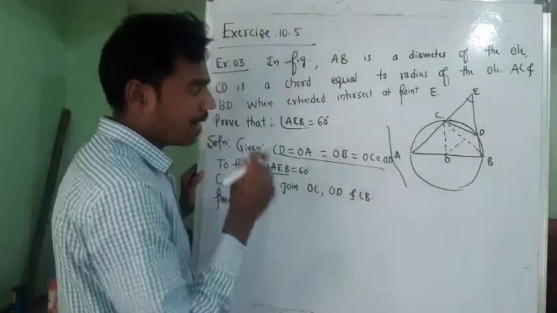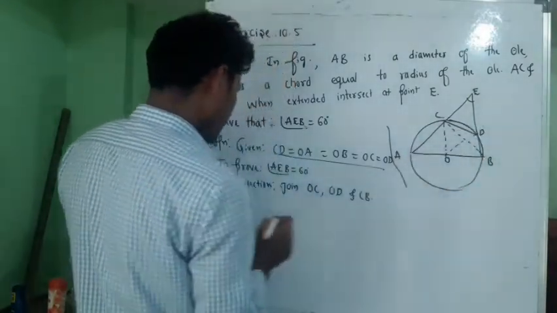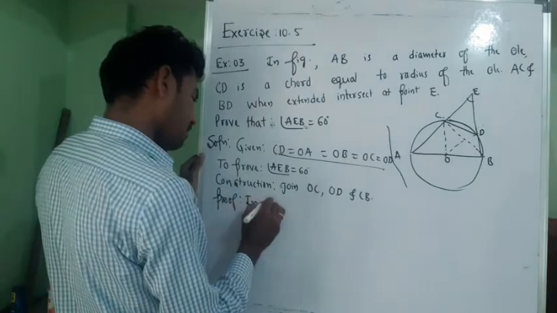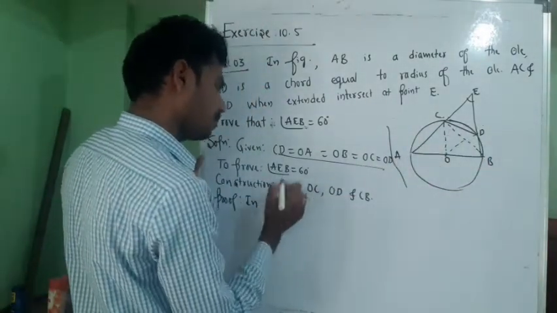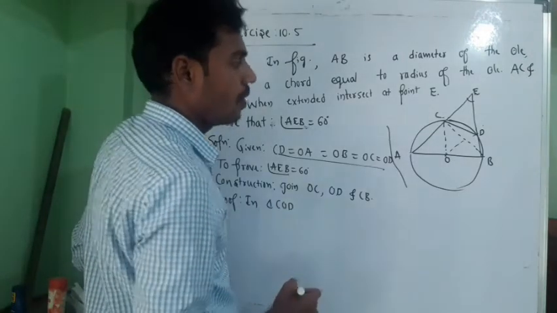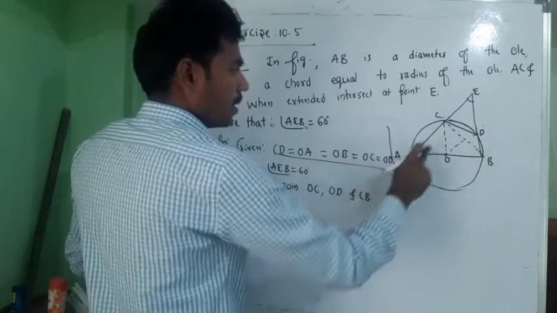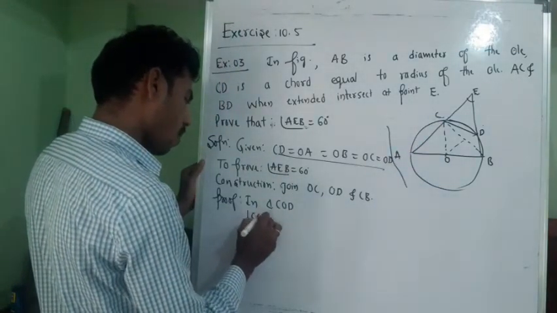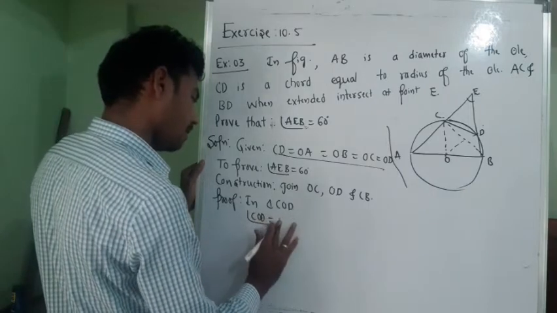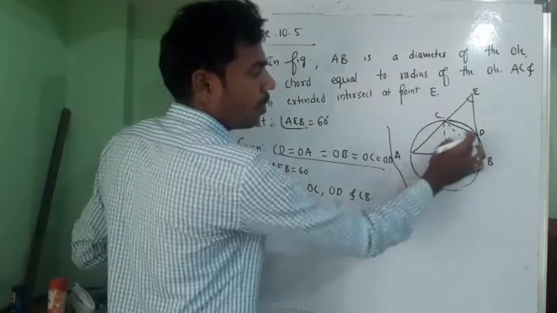So what we can write? See, in triangle COD, I can write angle COD is equal to 60 degrees. Sorry, angle COD is equal to 60 degrees.